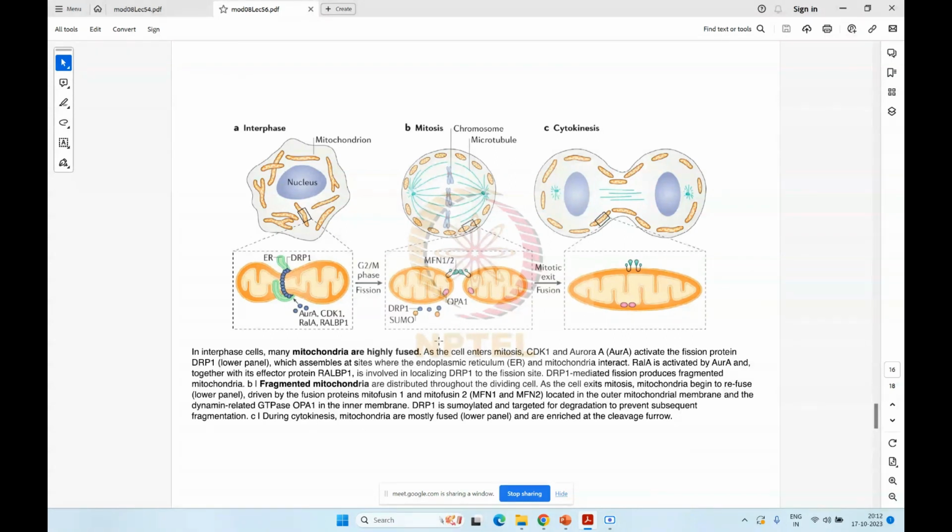Because DRP1 is active throughout mitosis, these mitochondria are not able to come back together. Once a cell exits the mitotic stage, because these kinases are no longer active, DRP1 cannot be active as well, and the other proteins that keep it separate are also not going to be active.